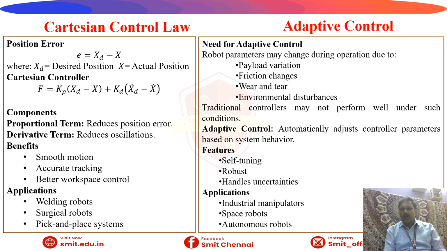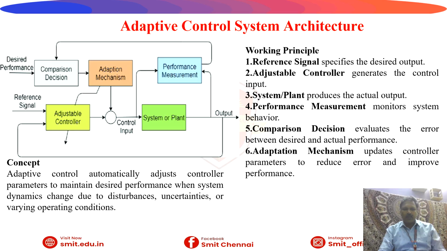Adaptive control automatically adjusts controller parameters based on system behavior. Features: self-tuning, robust, handles uncertainties. Applications: industrial manipulators, space robots, autonomous robots. Now we can see the adaptive control system architecture.